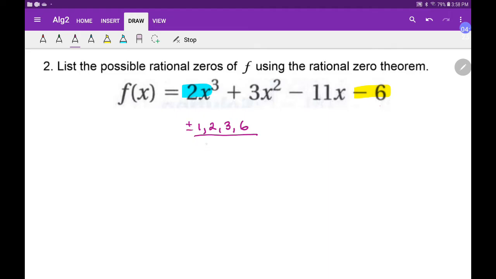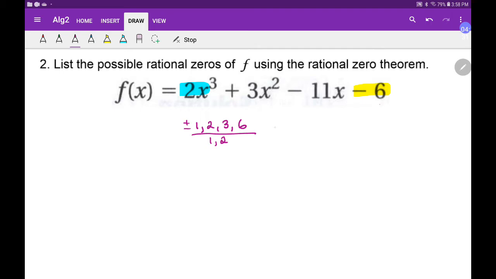And on the bottom we put the first number, 1 or 2, okay? If the top's plus or minus, I don't have to worry about the bottom. So I'll have plus or minus 1 over 1, plus or minus 2 over 1, plus or minus 3 over 1, and plus or minus 6 over 1. And then let's see, I have some more.